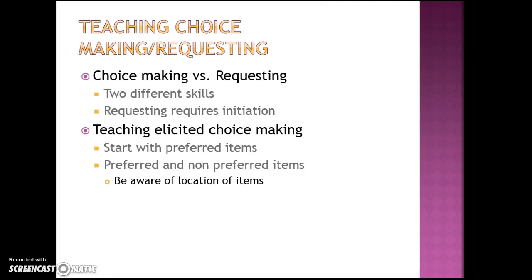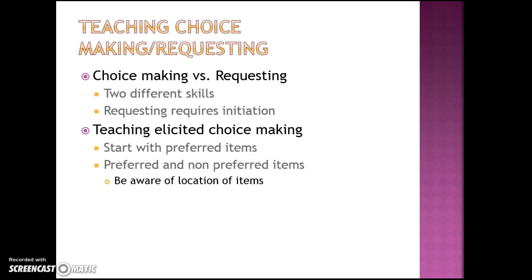Once the person figures out how to successfully choose between 2 preferred items, you're going to introduce a non-preferred item, so something that they don't necessarily love or enjoy. I tend to use a sock a lot. Most kiddos don't really like socks that much, or a plastic toy fish, or just anything that's not super motivating.